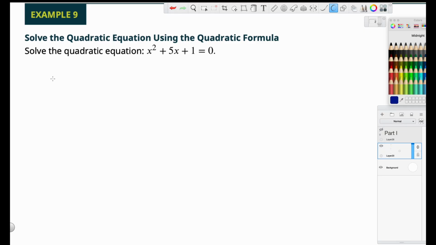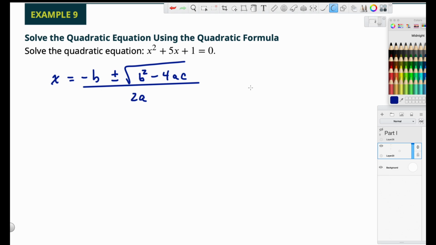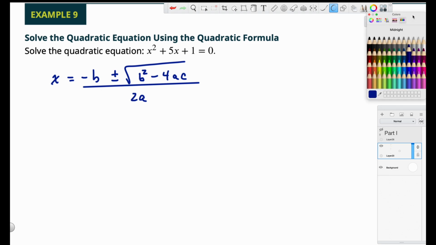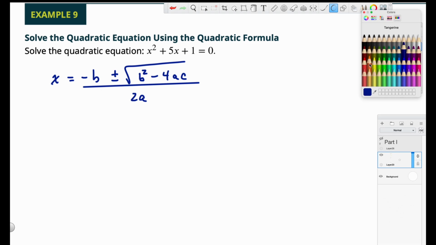Okay, so here's the quadratic formula. And I recommend you guys memorize this in the long run. So write it a lot so that when you need to know it, you'll eventually memorize it. So a in this case is 1. That's our leading coefficient.